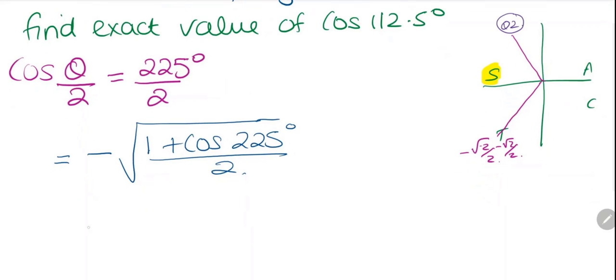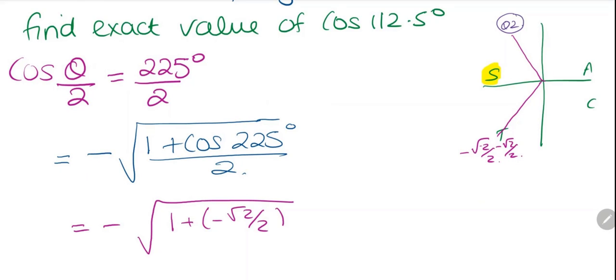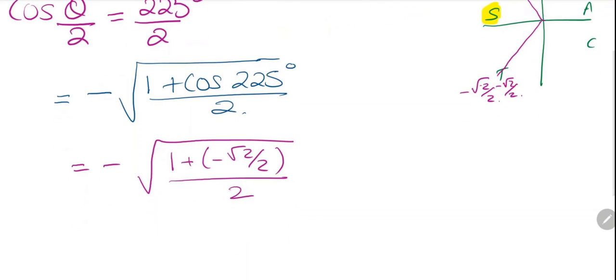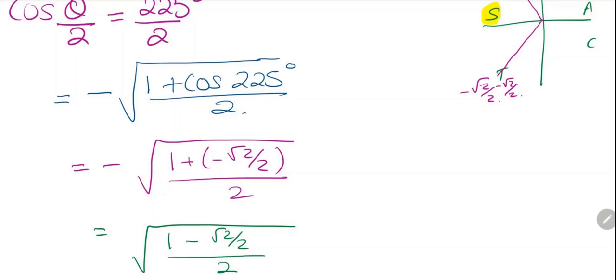So we need to substitute this in. So 1 plus minus root 2 over 2, divided by 2. So this is 1 minus root 2 over 2 divided by 2.